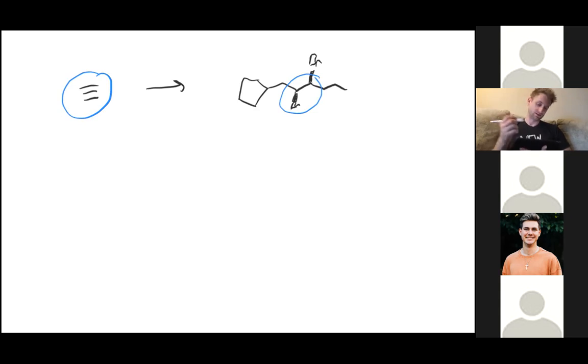So doing our alkylation steps first, getting our left half.